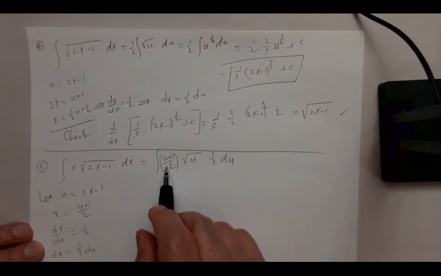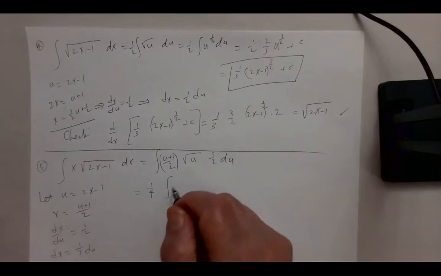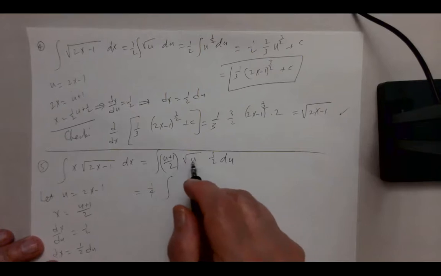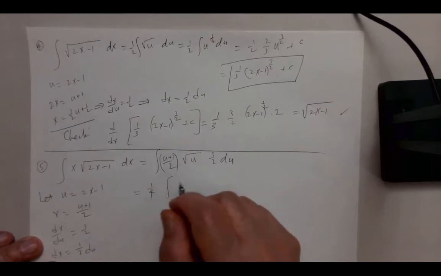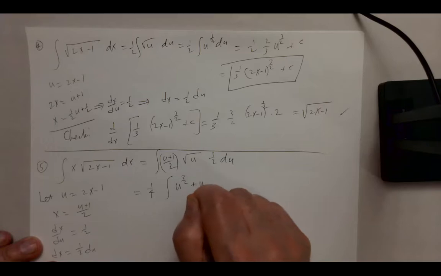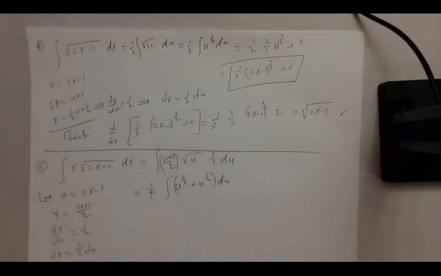So 1/2 times a half, that's 1/4 times the integral of (u plus 1) times the square root of u. That's u to the 3/2 plus u to the 1/2 du.